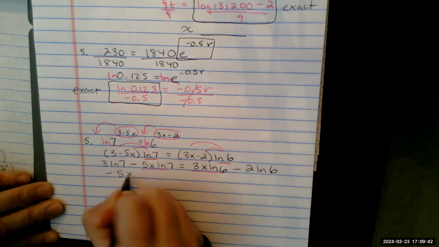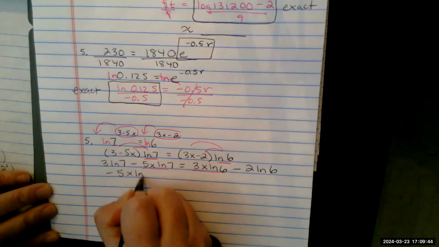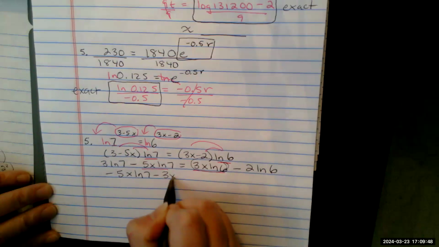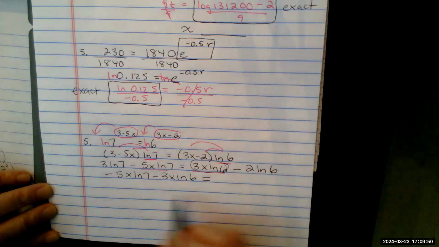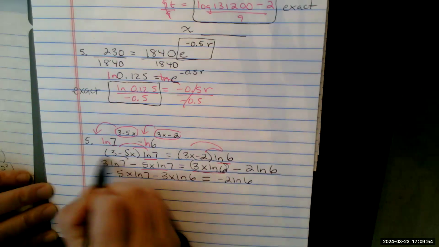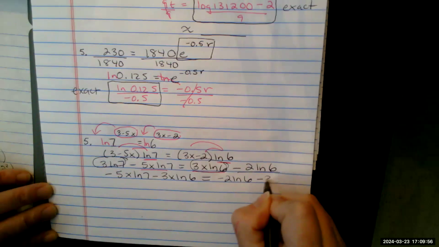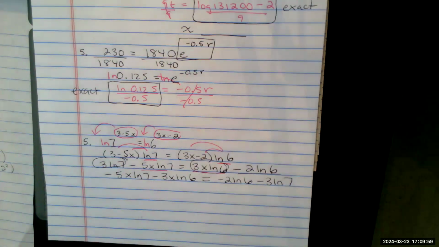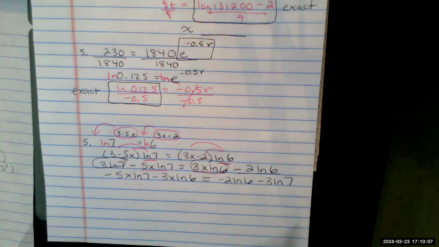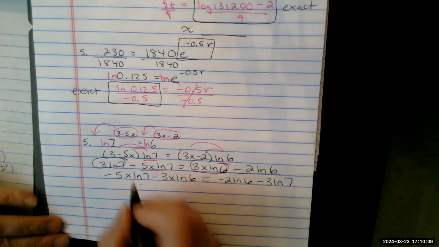So I'm going to keep the negative 5x ln 7. I'm going to move this over by subtracting it. And then on the other side, I'm keeping this where it's at, but I'm moving this one over by subtracting. So it's just moving what you need to move so that both of the terms with x's are on one side and both of the numbers that have no x's are on the other side.